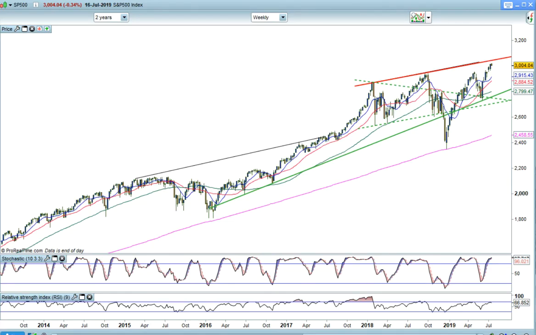Now these patterns are quite easily identifiable. Where the problem lies is that there are very few that have done enough research and analysis to know that you can have an inverse head and shoulder pattern in a bull run as a continuation pattern.